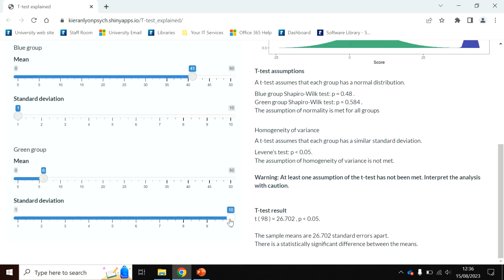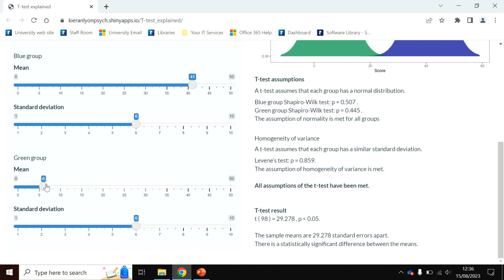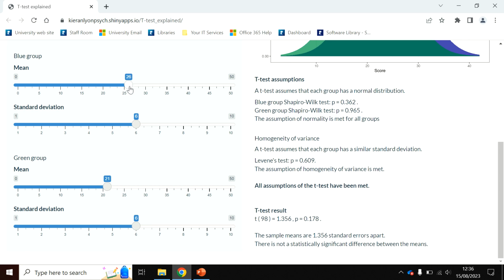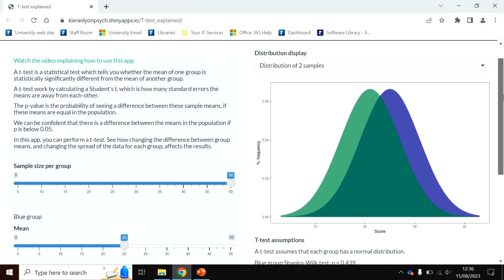Now let's just go back and change those numbers back to what they were before, or at least so they're ready for the test. Yeah, let's have the numbers over here. So what we can see here is that when we're performing the t-test, we want to find out if the difference between the two means is big enough that we can be confident that there's a real difference in the population.